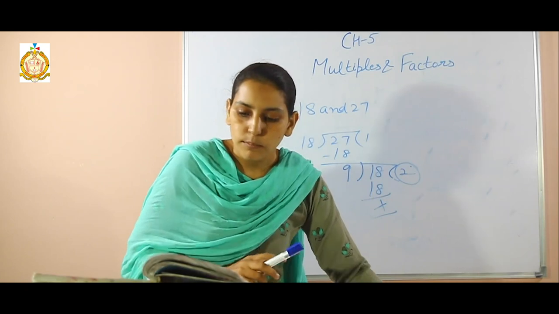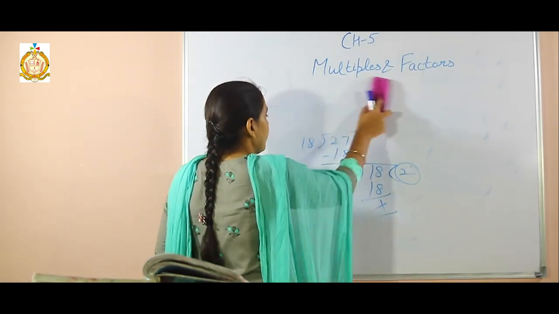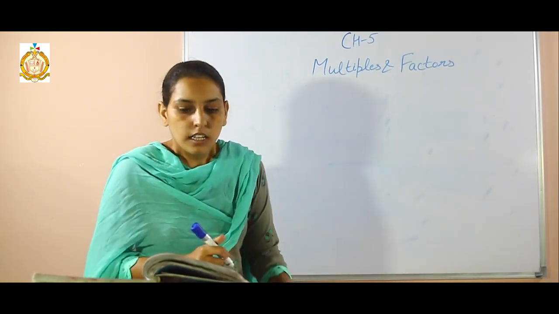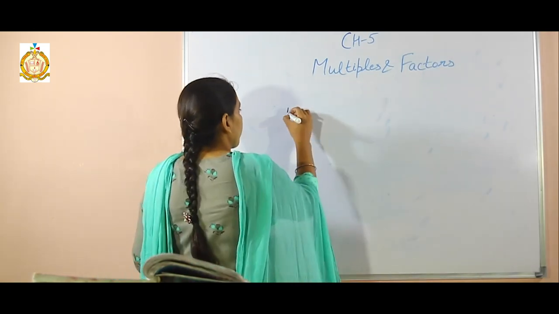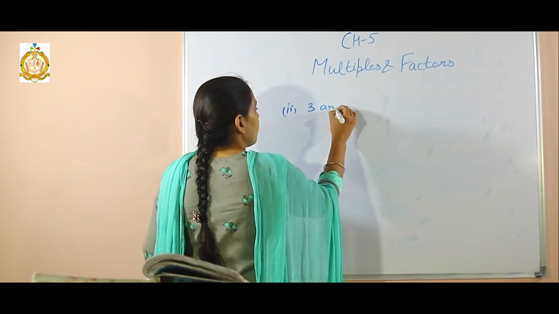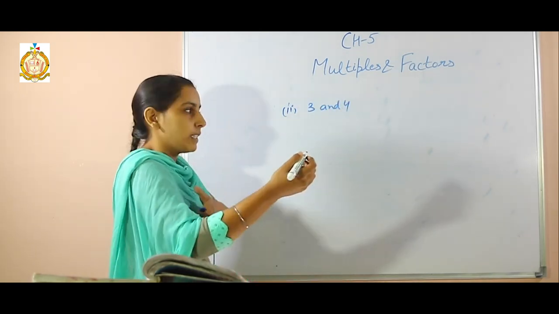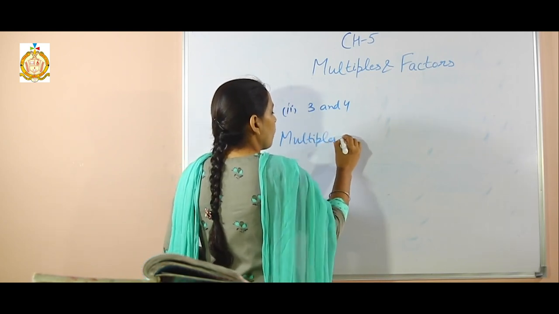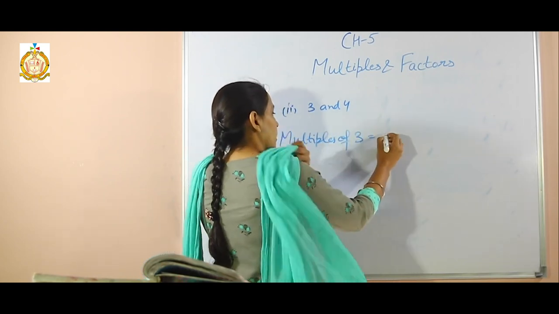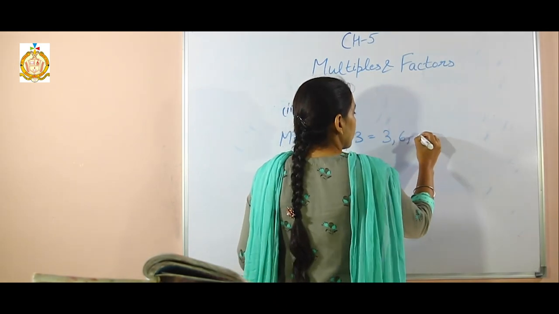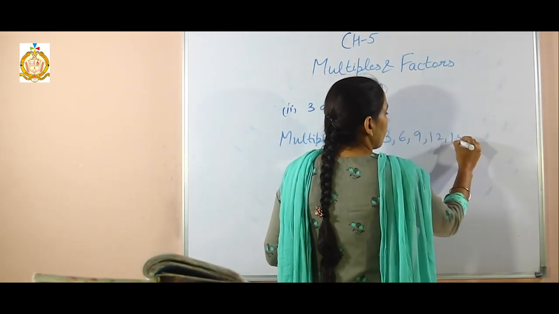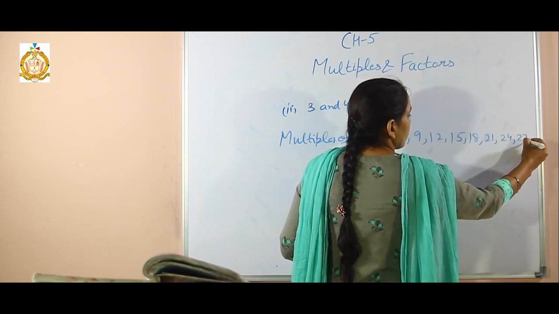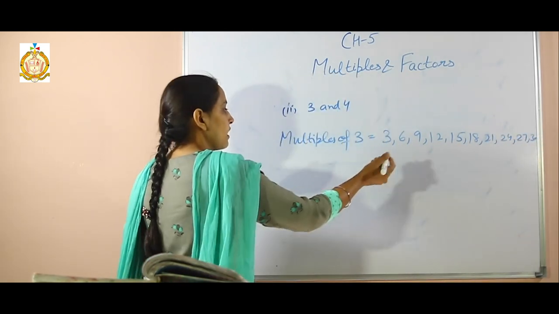Students, let's do the sums of exercise 5.9. Part B: 3 and 4. First of all, write down the multiples of 3: 3, 6, 9, 12, 15, 18, 21, 24, 27 and the last one is 30.